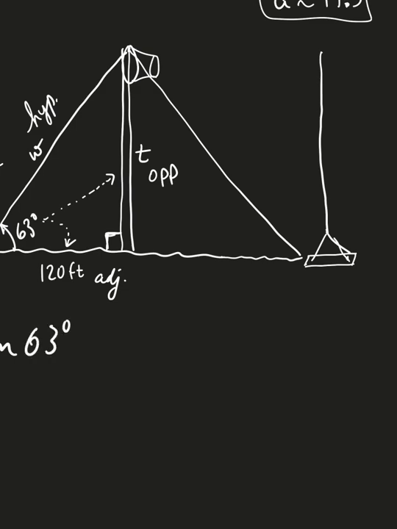So it'd be the tangent of 63 is equal to the opposite side divided by the adjacent. The opposite side is t, and the adjacent side is 120. Again, we need that value, so we use our calculator for the tangent of 63, which would be 1.96.